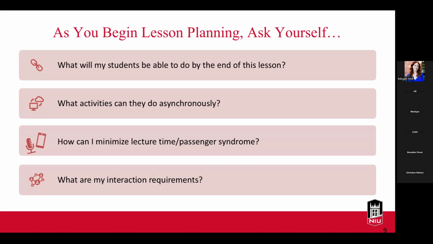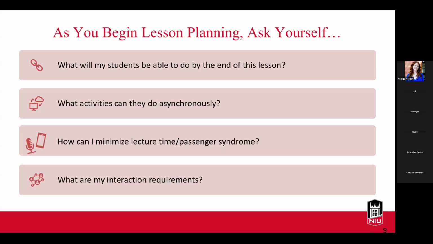So when you start to begin your lesson plan as a facilitator, as the instructor, I would say ask yourself four very specific questions. Have a goal. What will my students be able to do by the end of this lesson? So give yourself some mini goals or objectives. Try to list out every activity that they can do asynchronously. It's okay to ask your students to complete tasks before they come to class.